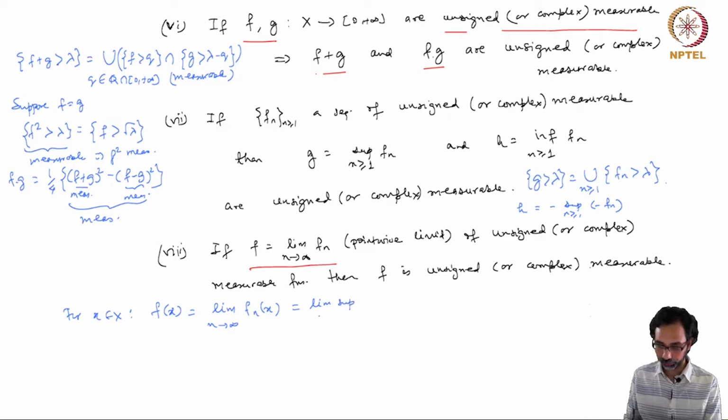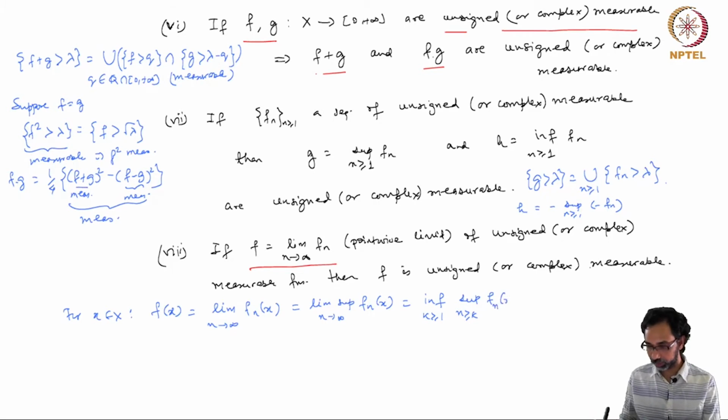The lim sup of fn of x is the infimum over k of the supremum over n greater than or equal to k of fn of x. Again this part is measurable and this part is also measurable, so the whole thing is measurable, and f is measurable.